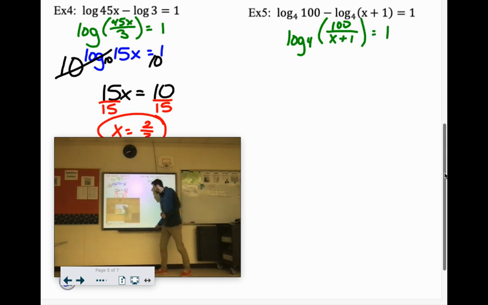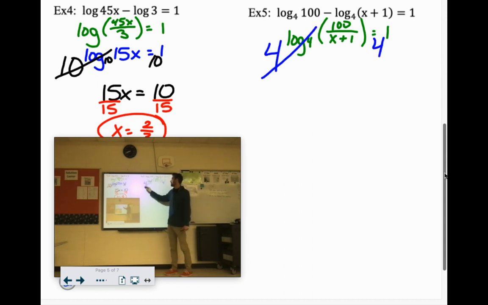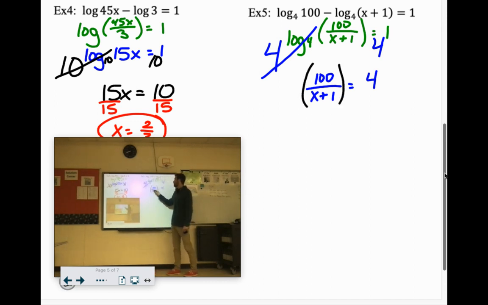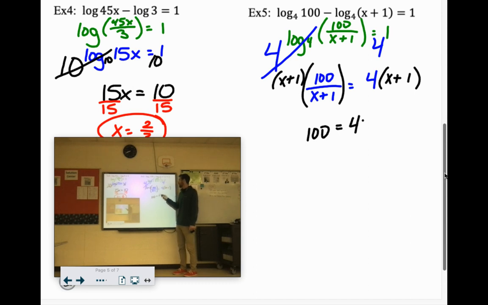So I'm going to bring in a new base of 4 to each side. That'll cancel that out. So we have 100 over x plus 1 equals 4 to the first power, which is just 4. So we're going to multiply both sides by the x plus 1 to cancel that out. So we'll have 100 equals 4x plus 4.